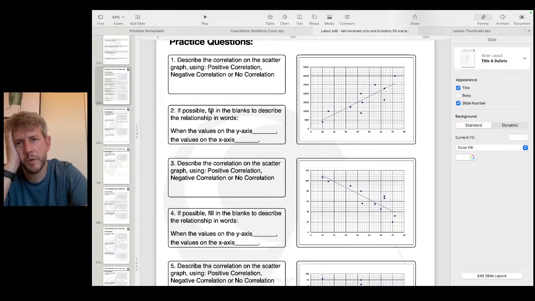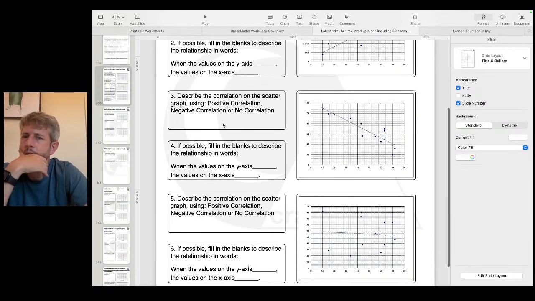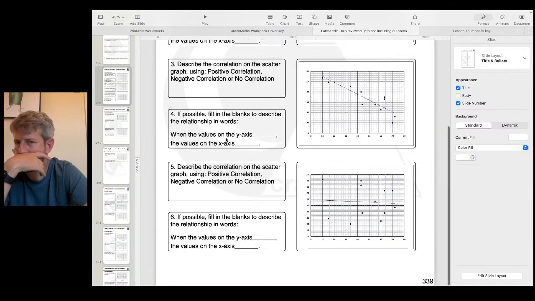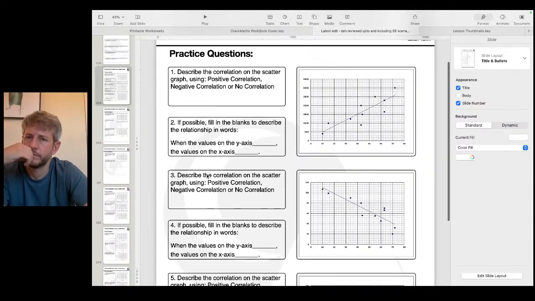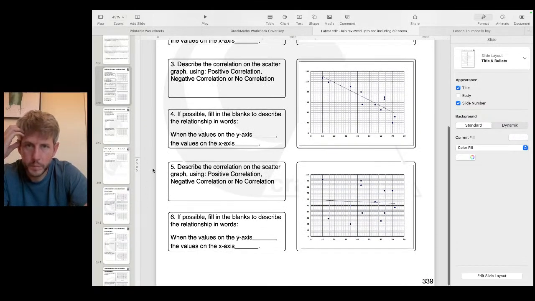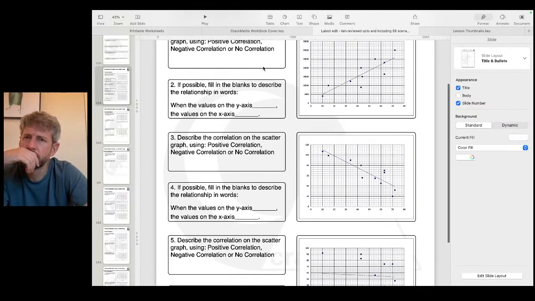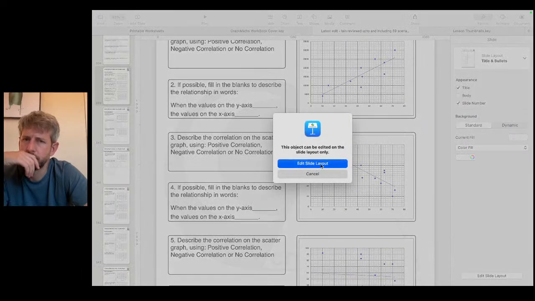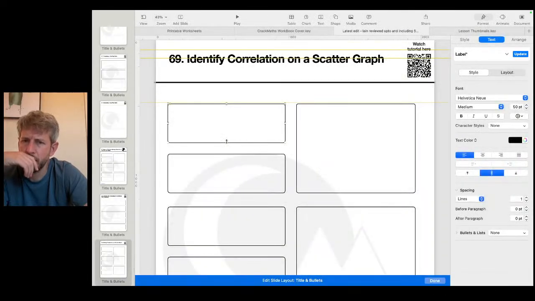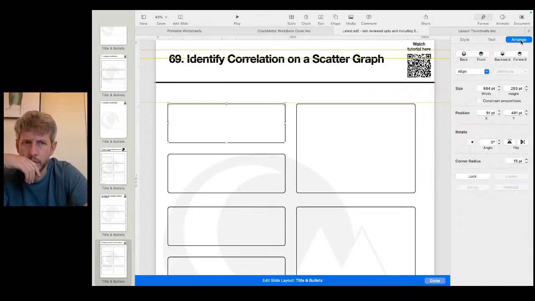I think that's fine. If possible, fill in the blanks to describe the relationship in words. Okay. Also, I think I can just arrange.